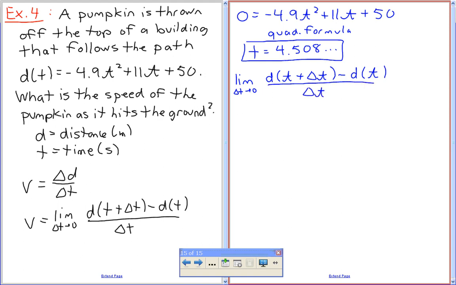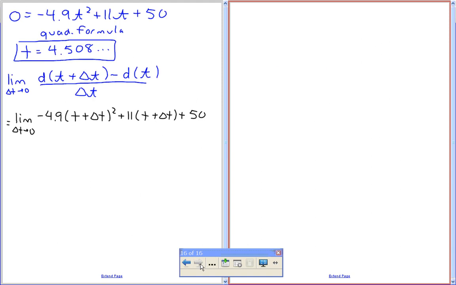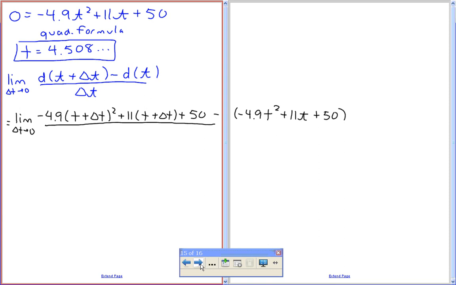So it would be negative 4.9 times t plus h squared, or t plus delta t squared, plus 11 times t plus delta t, plus 50, minus negative 4.9 t squared plus 11t plus 50, all over h, or delta t. If you want to use h instead of delta t, that's fine.